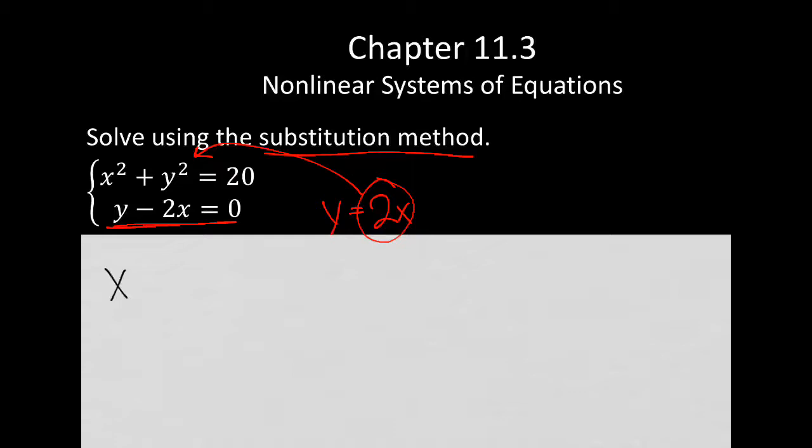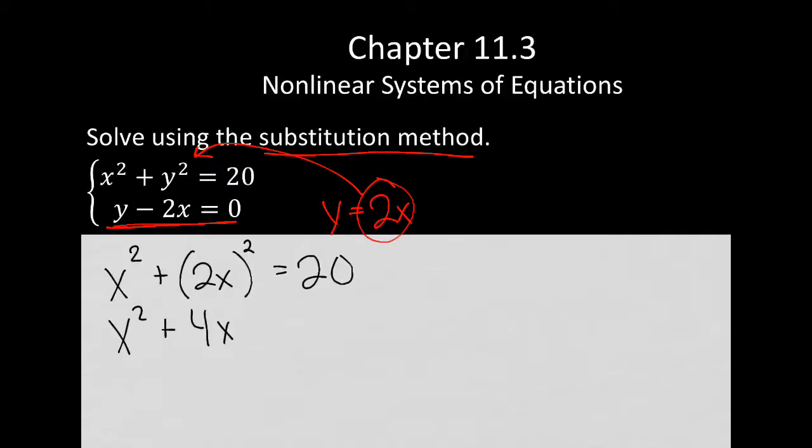And so watch what happens. We have x squared plus, y equals 2x, so the 2x gets plugged in, and that whole thing is going to get squared because all of y gets squared. And this equals 20. Okay? So as we keep working through this, x squared plus 4x squared equals 20. Now we can add those x squareds together and get 5x squared equals 20.